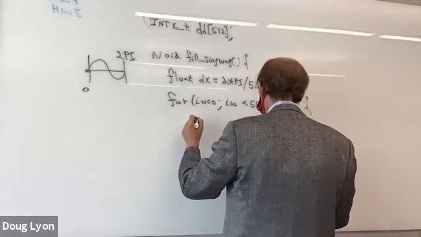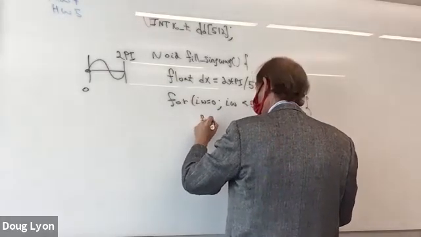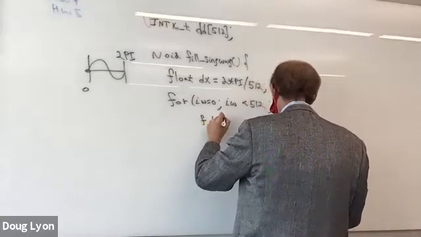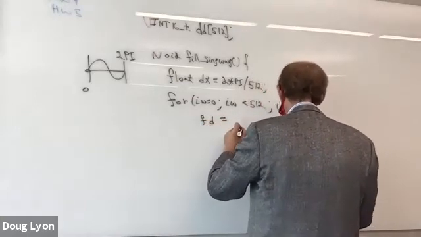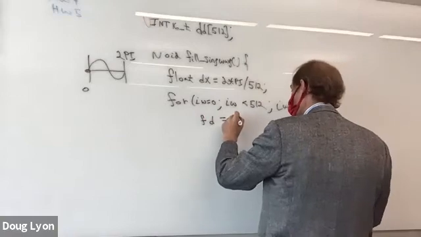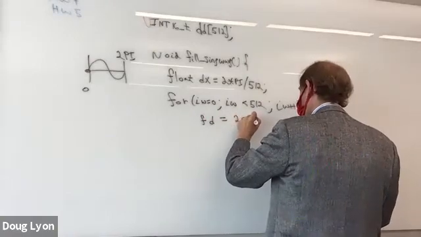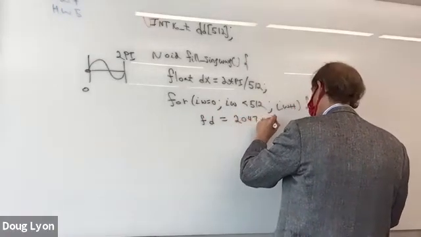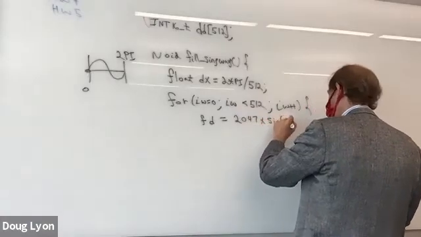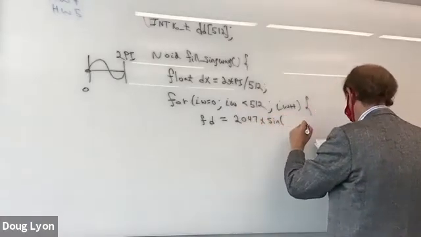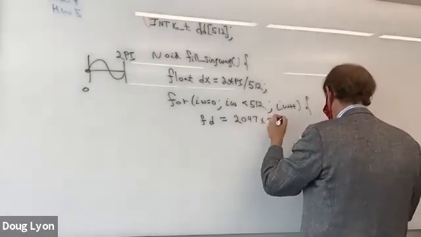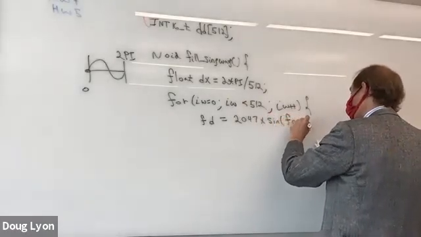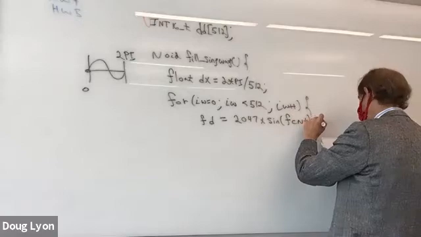What I'll do is I'll just say fd equals 2047 times the sine of, we'll call it the frequency counter, if you like, or your theta.